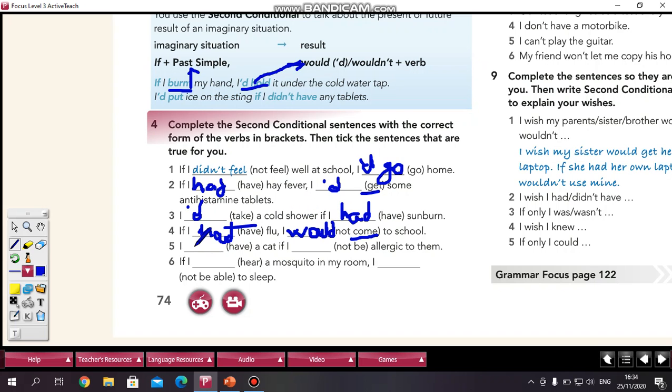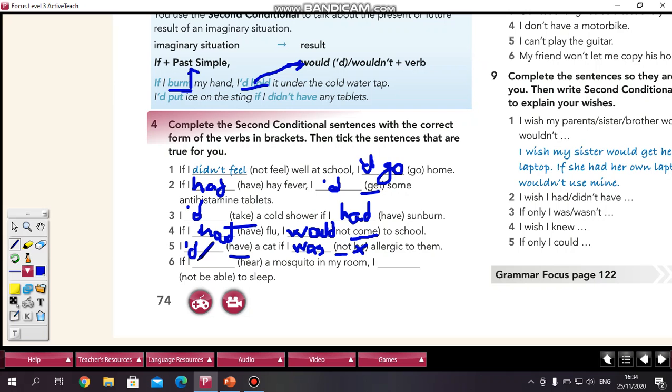I would have a cat if I wasn't, or was not, allergic to them.